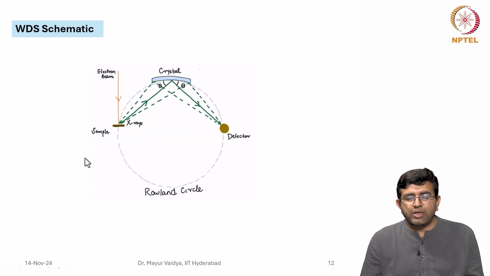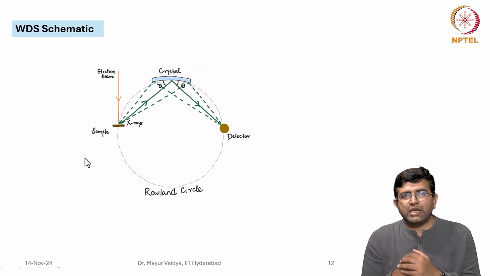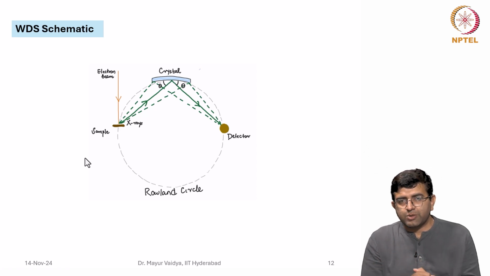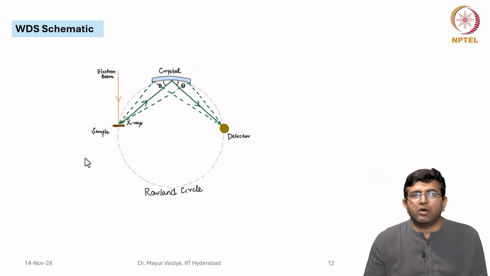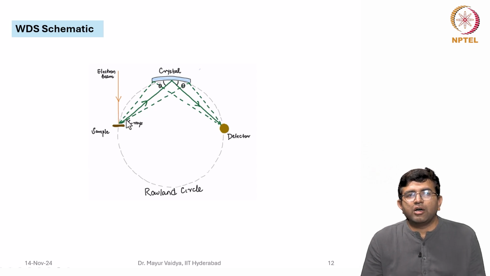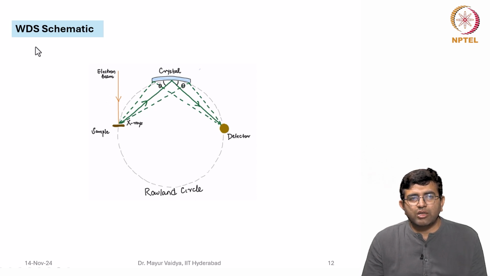So a little bit more, in the next few slides, we'll talk about WDS, which is wavelength dispersive spectroscopy. The schematic of WDS is something like this. Here the electron beam falls onto the sample and the X-rays are generated.